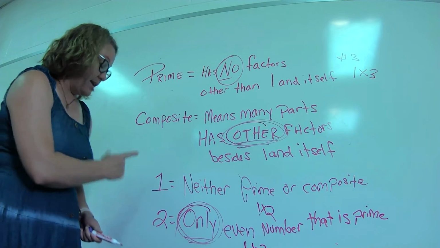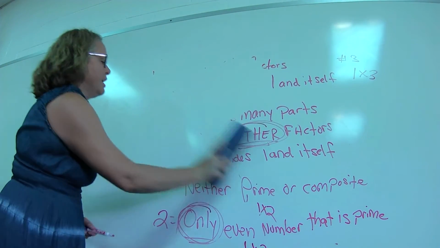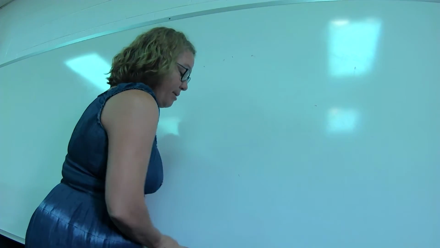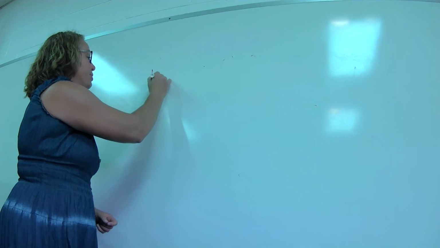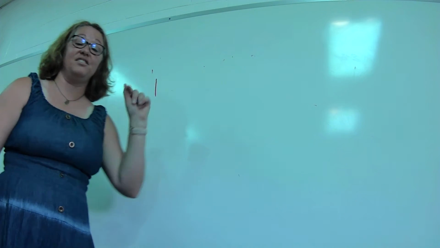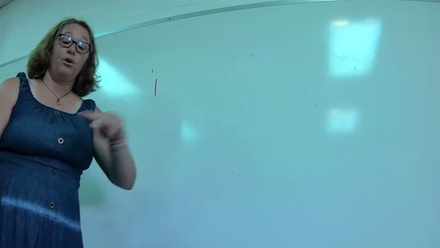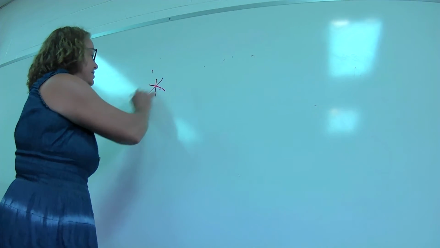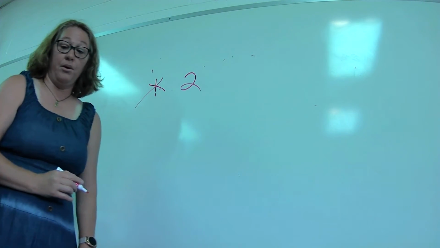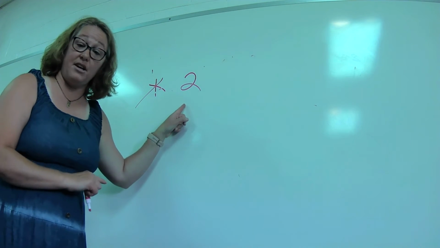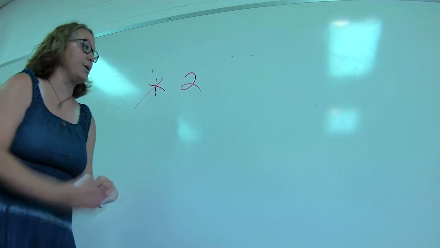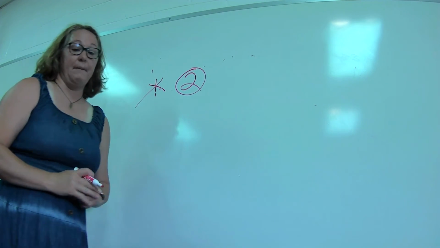Now I'm going to put numbers 1 through 30 up here, and we're going to decide if they are prime or composite. All right? Number 1. If we remember our math fact, 1 is neither prime or composite. So I'm going to put an X on it because it's neither. It doesn't work. 2. 2 is an even number, and remember, it is the only even number that is prime.